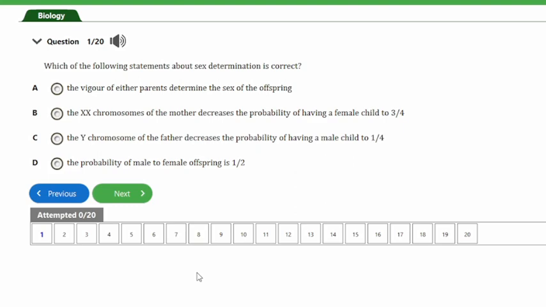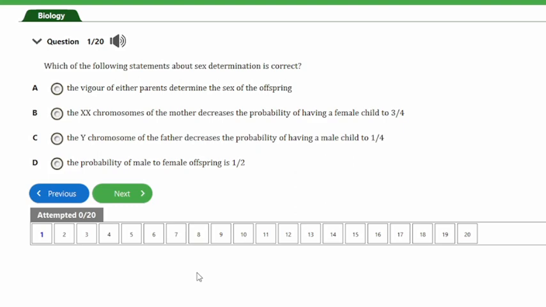In sex determination, the female can only give an X chromosome in order to produce an offspring, whereas the male can either give an X or a Y chromosome, since the male has both an X and a Y chromosome. So this entails that in sex determination, it is what the male gives that actually determines what the sex of the offspring will be.